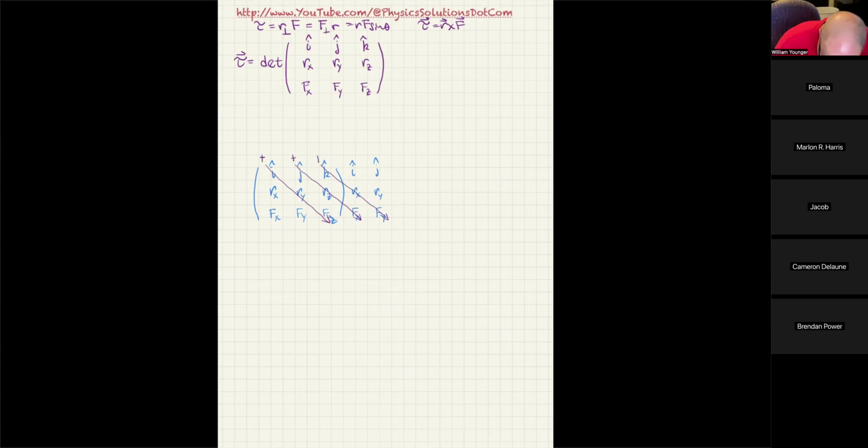And then I have to try the other way, and this time I'm going to subtract all those quantities. So I'm going to multiply this way and say minus that result, and then this way and say minus that result, and then this way and say minus that result.